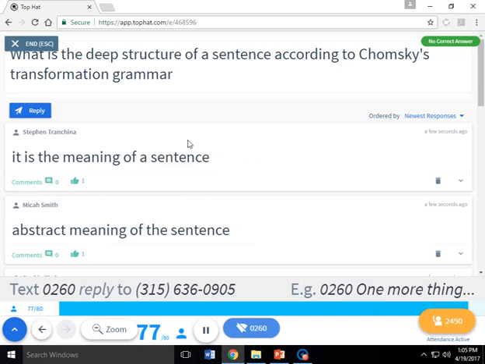Okay, so it looks like most of you got this right. The abstract meaning of a sentence and the deep part of that.